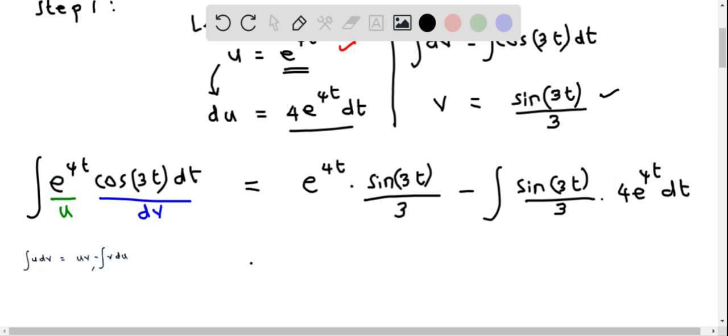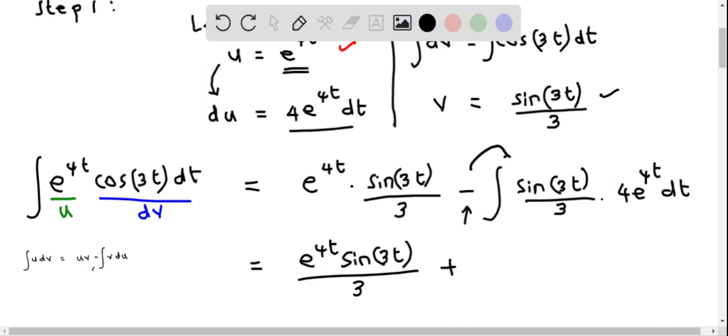So let's simplify this. This equals, we can rewrite this as e raised to the power of 4t sine of 3t over 3. And after step 1, this is actually given as positive in the question. So I'm going to put this as positive and transfer this negative into the integral. So therefore this becomes the integral of, we'll combine the numbers, that is we have 4 in the numerator and 3 in the denominator.